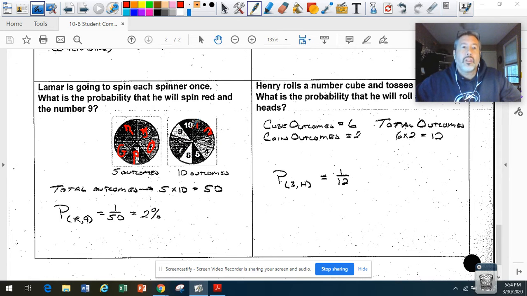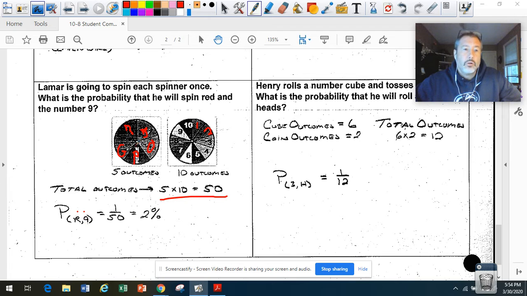Okay. Well, let's figure out what the total number of outcomes is going to be. I have 5 outcomes here with my colors, and I have 10 outcomes here with my numbers. So 5 times 10 is 50. So I have a total of 50 outcomes possible here. Well, we want to know the probability of getting a red and a 9.